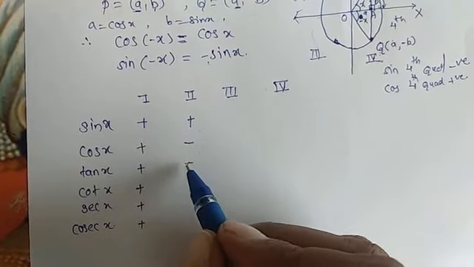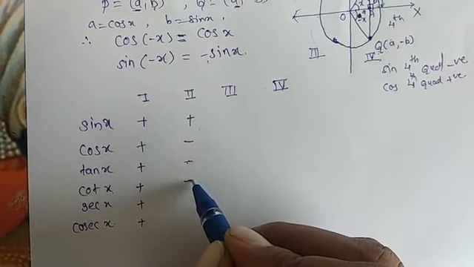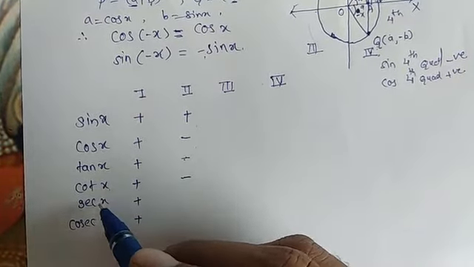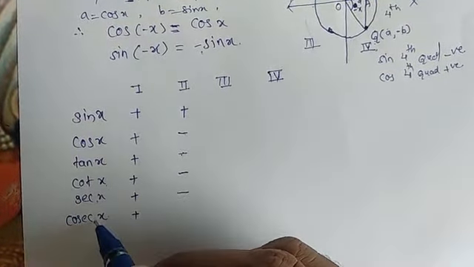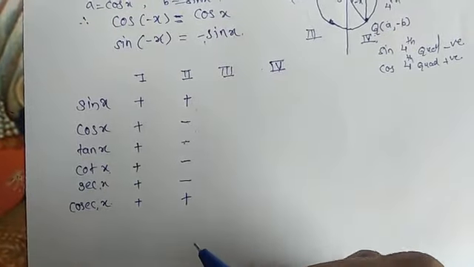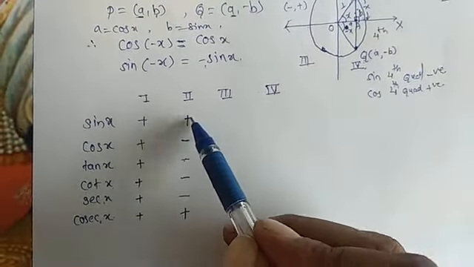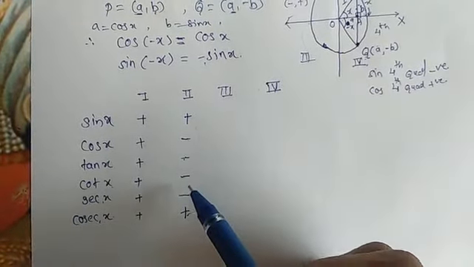Cot is cos upon sin, so it is also negative. Sec x means 1 upon cos x, so it is again negative, and cosec means 1 upon sin, so 1 upon a positive term is positive. So in the second quadrant only sin and cosec are positive, and the remaining are negative.